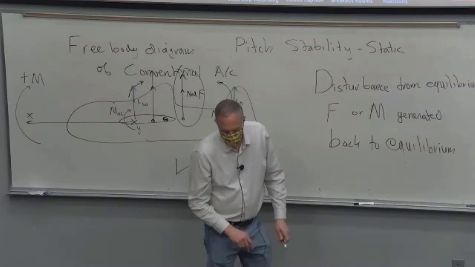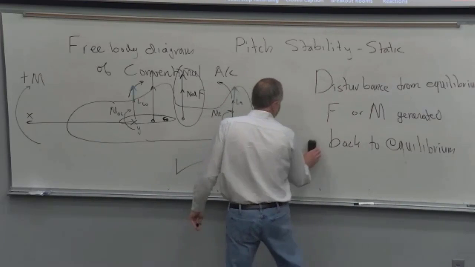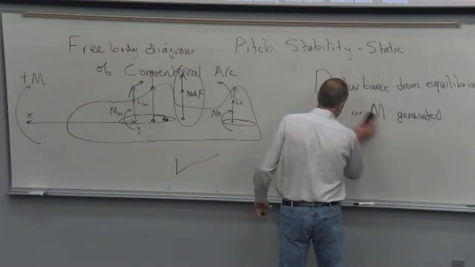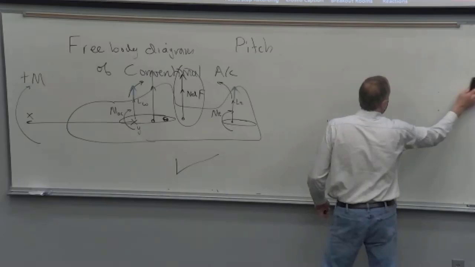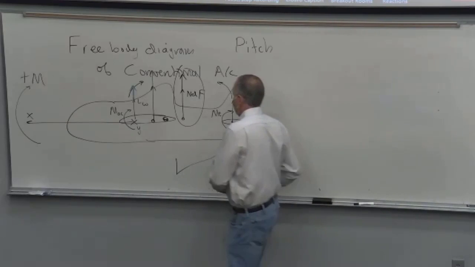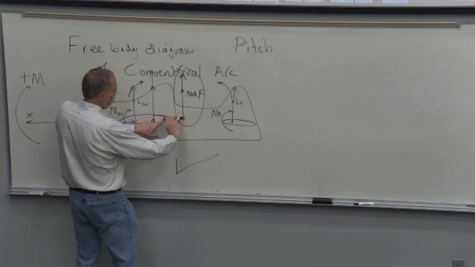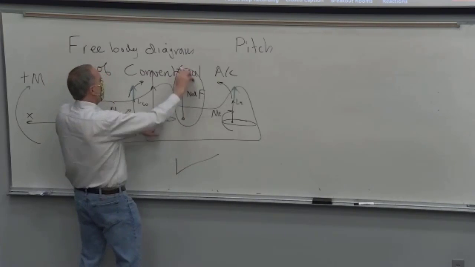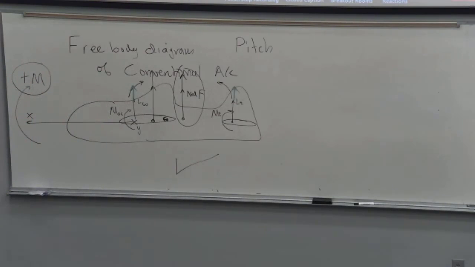And the way we talk about this in pitch stability is that in response to an alpha increase, we want a negative, nose down moment to be generated, because that returns back to equilibrium.